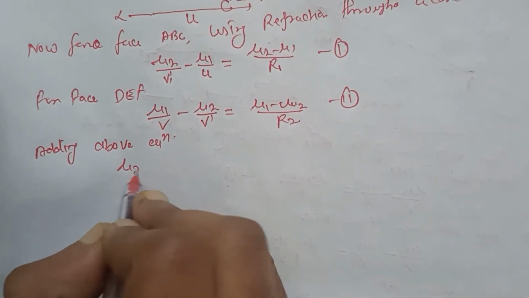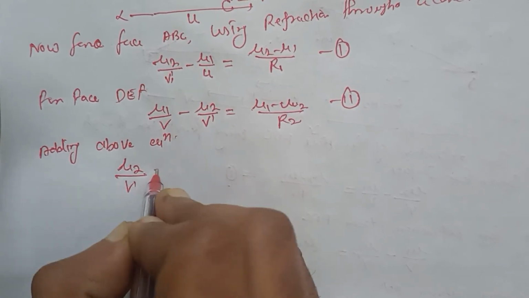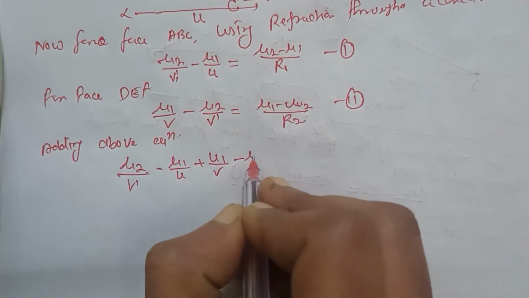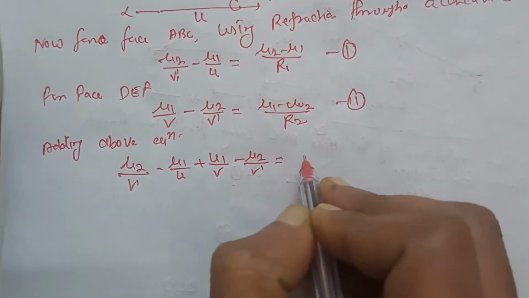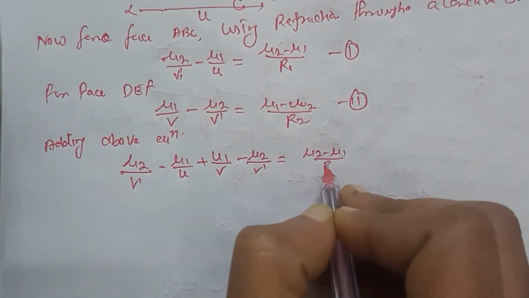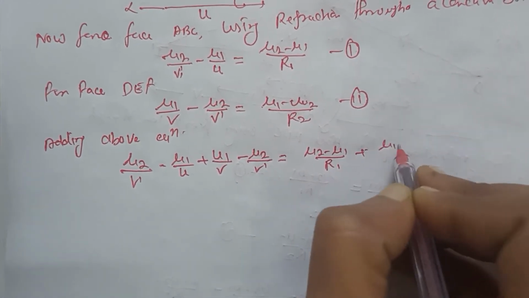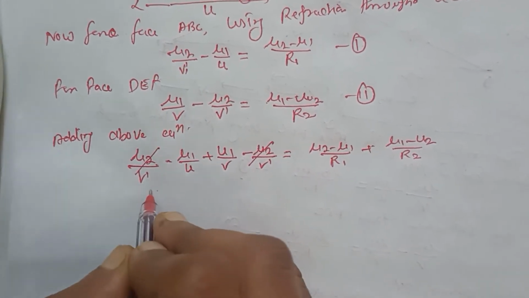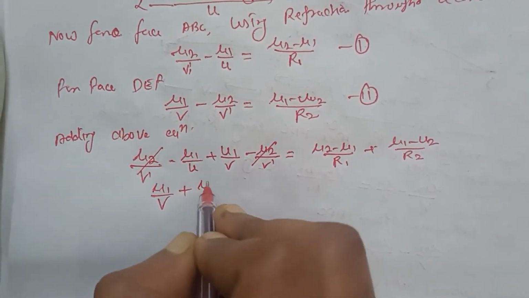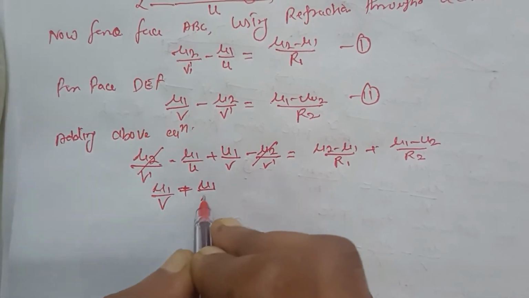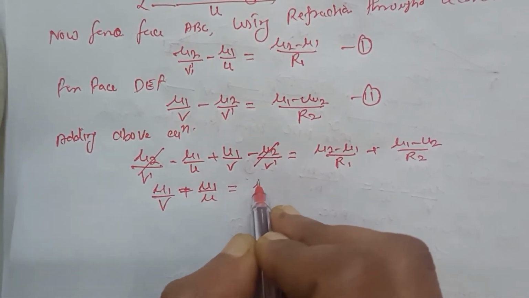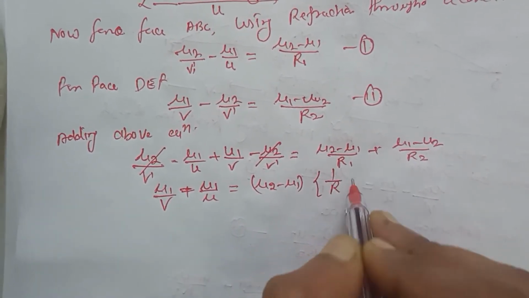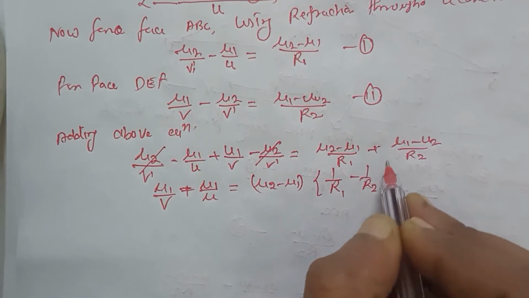mu2 divided by v dash minus mu1 divided by u plus mu1 divided by v minus mu2 divided by v dash equals mu2 minus mu1 divided by r1 plus mu1 minus mu2 divided by r2. This one cancels out, that is mu1 divided by v minus mu1 divided by u equals, taking common, mu2 minus mu1 times 1 divided by r1 minus 1 divided by r2.